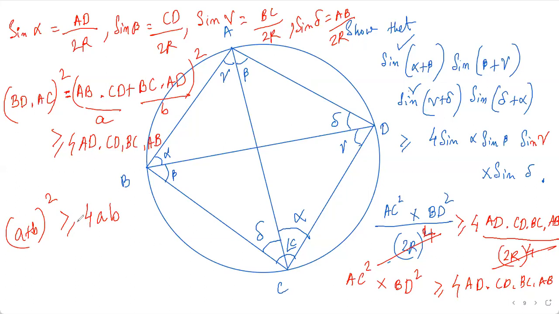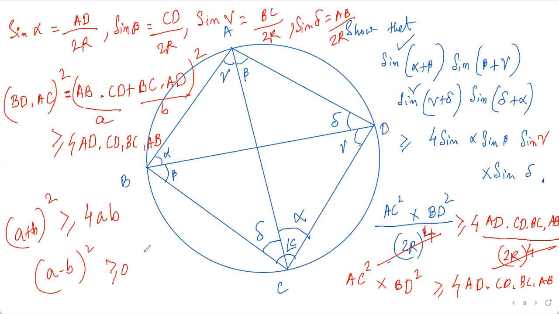Now is this true? Yes, because if you take everything on one side, it's A minus B whole square, which is greater than or equal to 0. Okay, so I'm done. Any question?